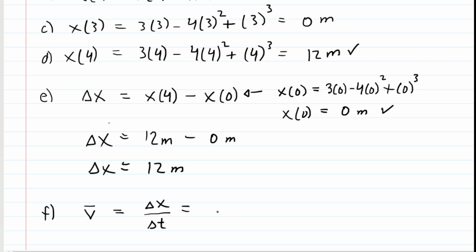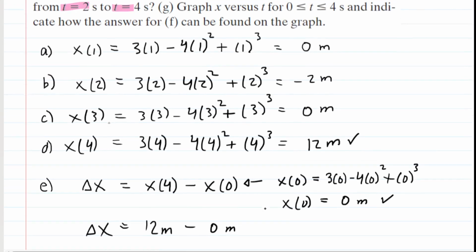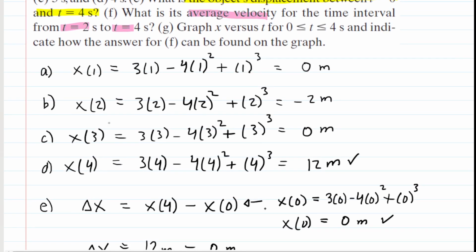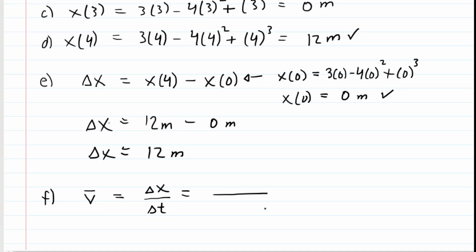So in this case, the time interval was from 2 seconds to 4 seconds. So we always take the final time and subtract the initial time. So 4 seconds minus 2 seconds. And then the delta x would be the position at 4 seconds minus the position at 2 seconds.